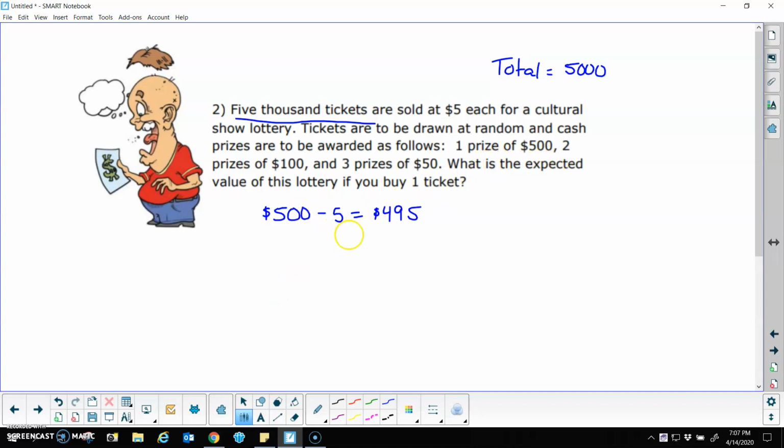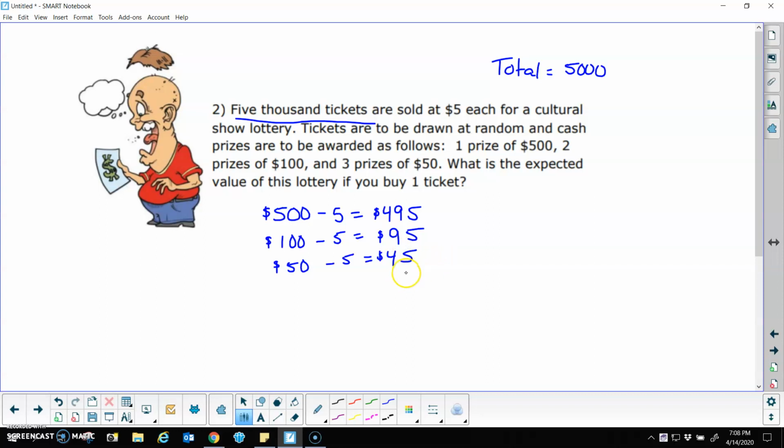Okay, so now for $100, if you're lucky enough to win $100, you're not technically winning that 100. You got to take out that 5. So once you pay yourself back, you're winning just $95. Okay, and then the same would go for 50. You're not truly winning 50. You're winning 45. You always got to pay yourself back. Cool.